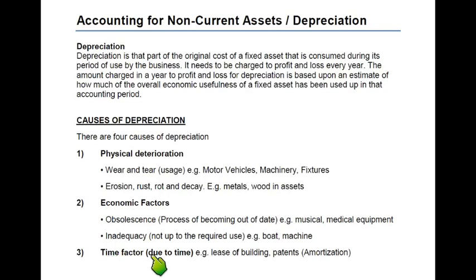So basically these two factors are tested in examination. The third one is the time factor. The time factor is basically applicable to intangible assets. Intangible assets are assets that we cannot touch, such as patents, licenses, or software. If we have bought a building on a lease, the lease expires due to time, the lease contract depreciates in value, and this is known as the time factor.